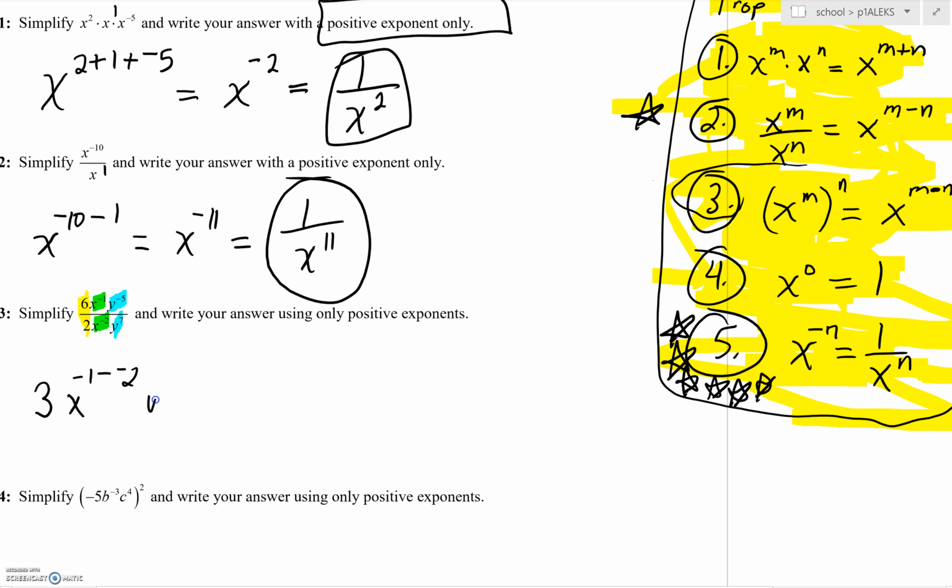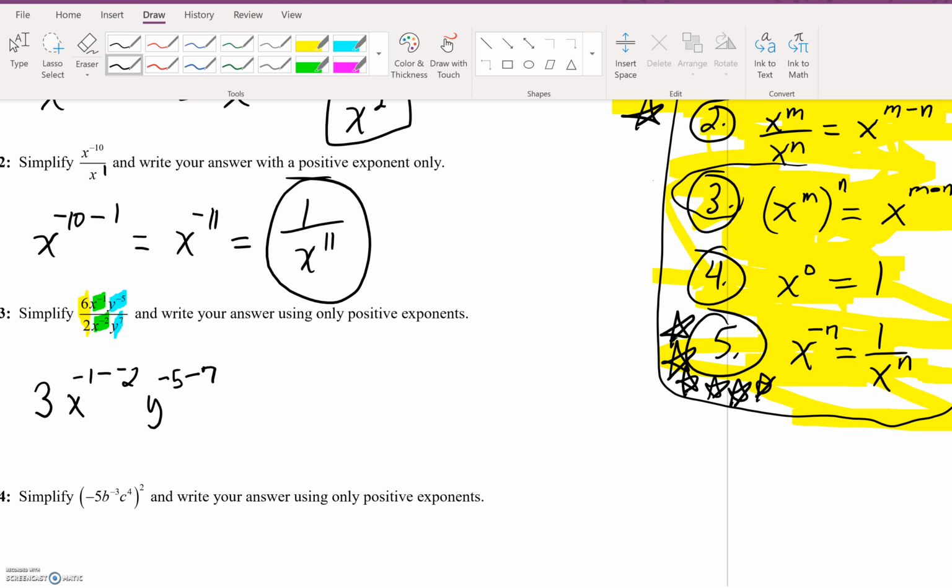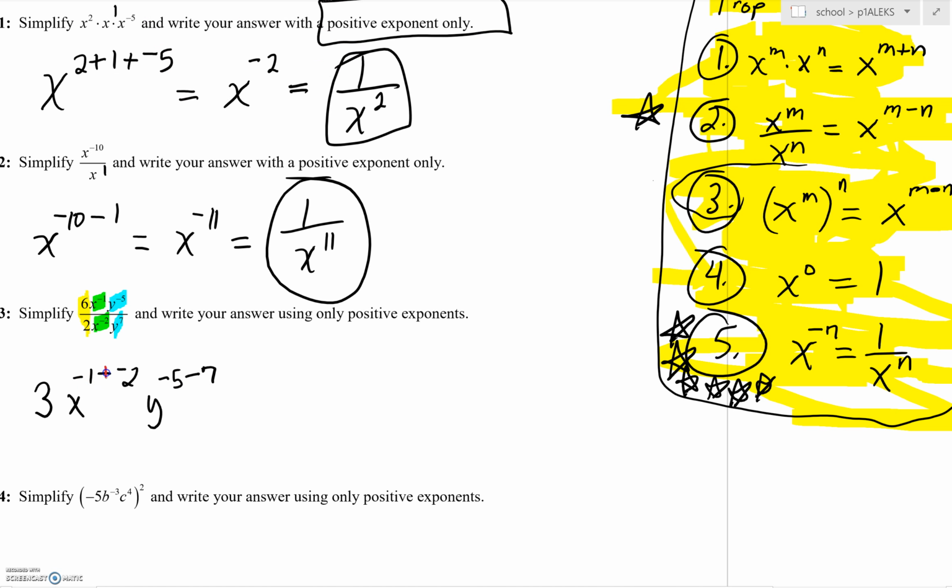Likewise, over here we'll have y to the negative 5, then minus a 7. And guys, minus a negative always is going to turn into plus a positive. So negative 1 plus 2 is just a 1. Negative 5 minus 7, well, it's like you lost $5, then you lost 7, bad day. You're at negative 12 then.